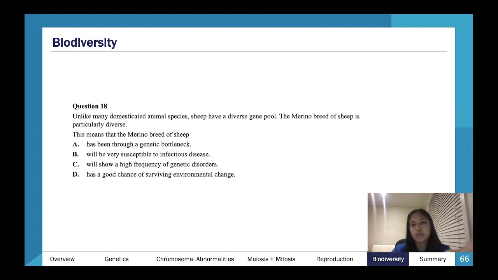Again, no, because if you're particularly diverse, genetic disorders that certain individuals have shouldn't be that prominent in the population. For example, there are populations where the gene pool is small, or they may migrate and start their own population.